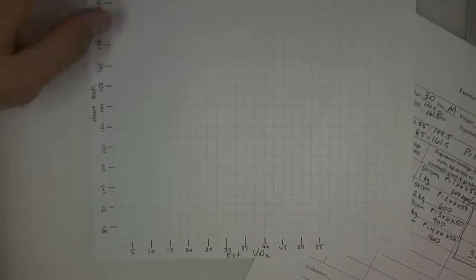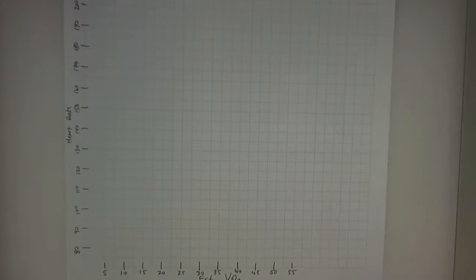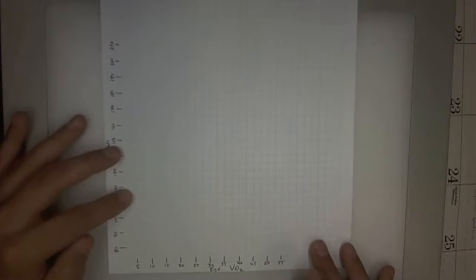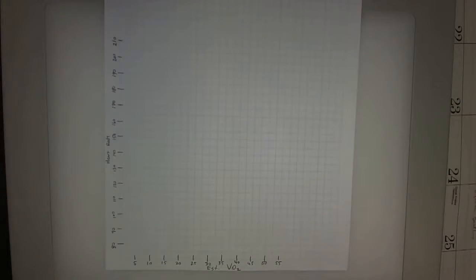So we can go to our graph paper. In our graph paper, some students I've noticed have a little bit of a problem actually making their X and Y axis.